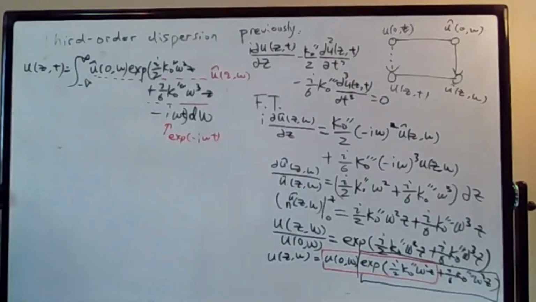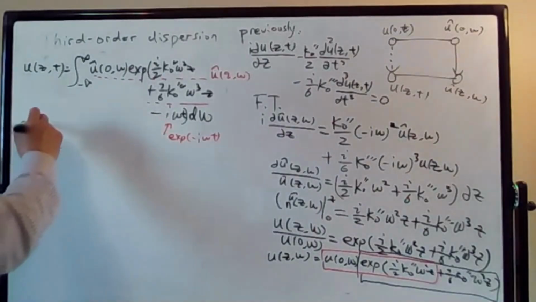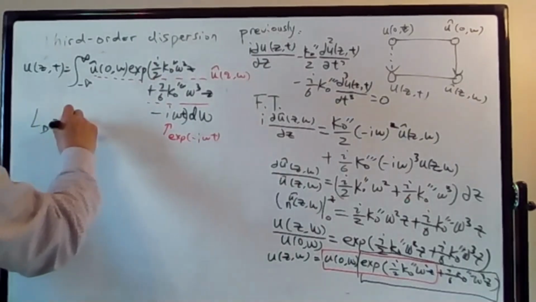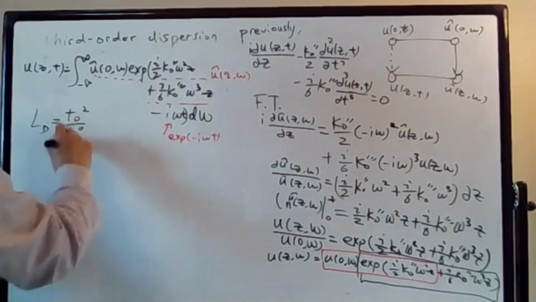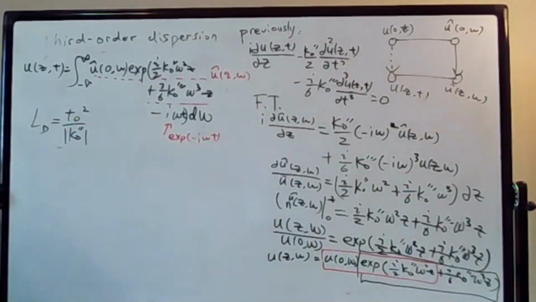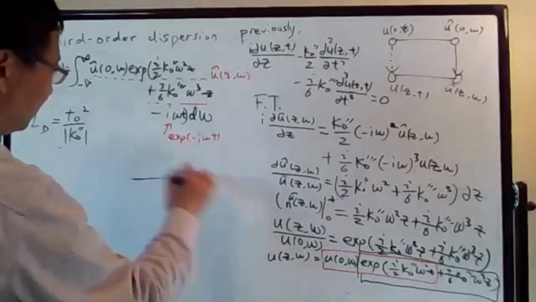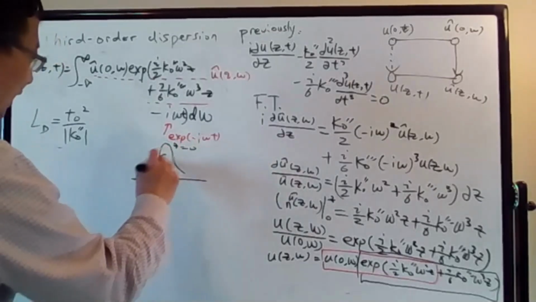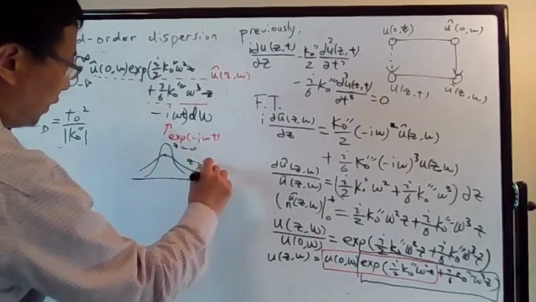Okay, so we can do the same analysis, the L_D, right? We did the L_D, meaning T0 squared over the absolute value of k0''. This is the dispersion length. Once z is comparable to the dispersion length, then our pulse will be broadened, right? Remember, we have this pulse in your homework. This is z equal to 0, and then this is z equal to 2 L_D.